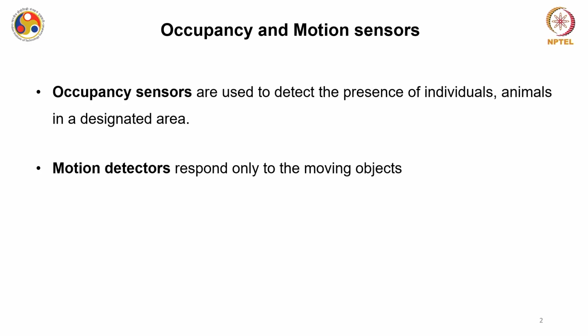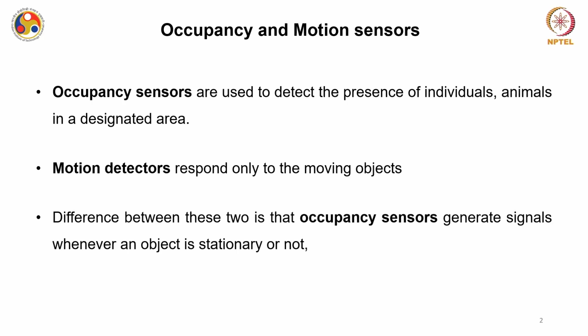When I talk about occupancy sensors, they are used to detect the presence. The presence can be in a still position or it can be moving, but in the designated area which is under surveillance. Motion detectors respond only to moving objects.